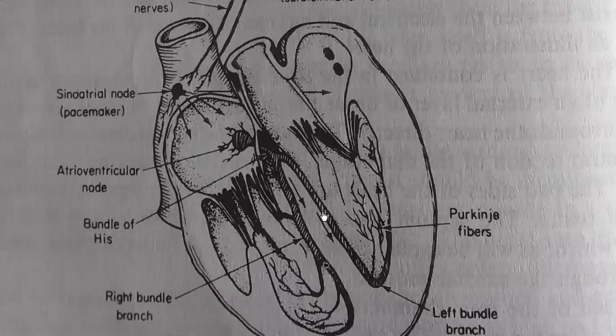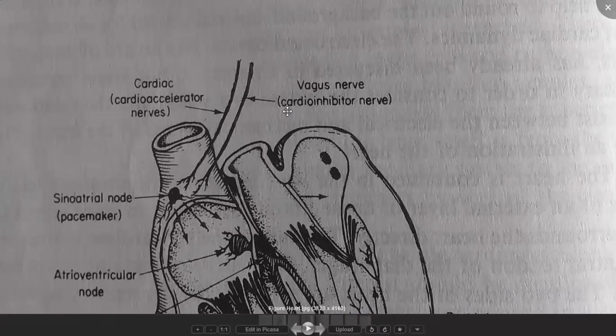This is the vagus nerve, along with the cardio inhibitor nerve and the cardio accelerator nerve. These nerves give excitation when you are walking or running, and they also give some signals. Because of that we get more anxiety, and those nerves also cause excitation of the sinoatrial node.